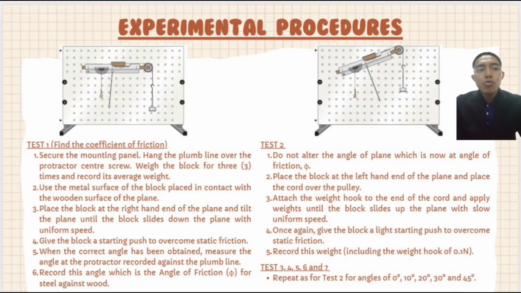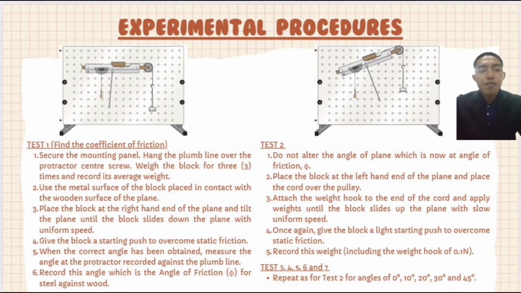Next, use the metal surface of the block placed in contact with the wooden surface of the plane. The third one, place the block at the right hand end of the plane and tilt the plane until the block slides down the plane with uniform speed.